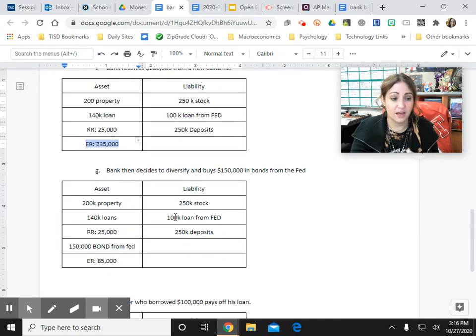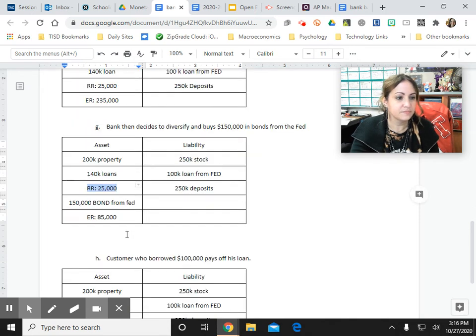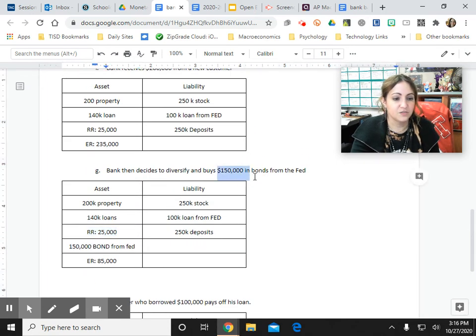Stocks stayed the same. That loan from the Fed stayed the same. Deposits didn't change in this problem. Neither did property, neither did loans. Required reserves stayed the same because deposits stayed the same. So the required reserves were only going to change if deposits changes. But $150,000 of bonds is now on the asset side because a bond is an asset.